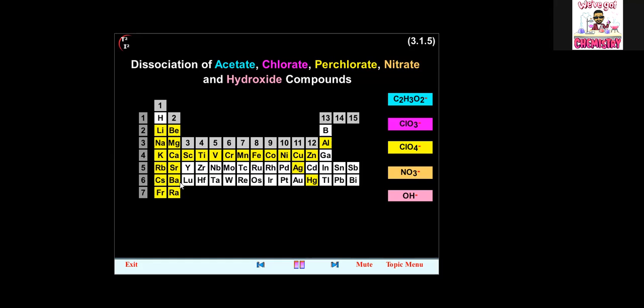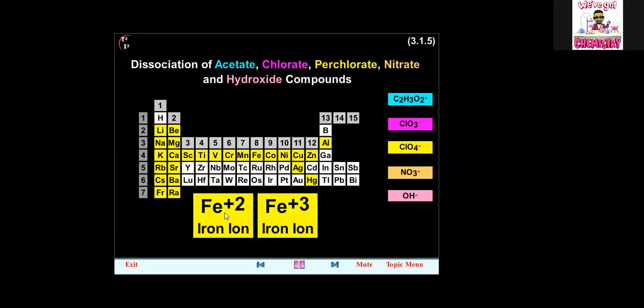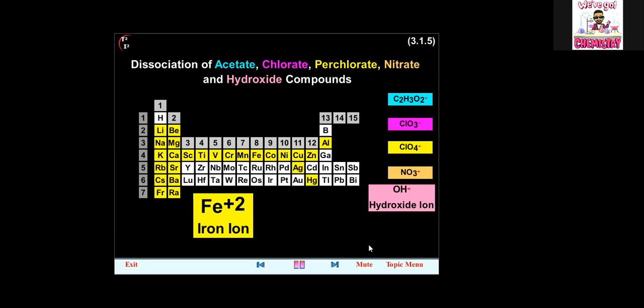Okay, let me pick a transition metal ion. Fe plus 2, iron ion. Let's see hydroxide. OH minus 1, hydroxide ion. Is this soluble or insoluble?